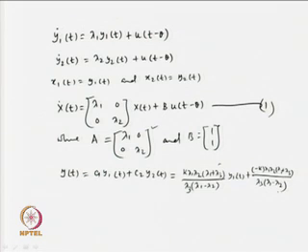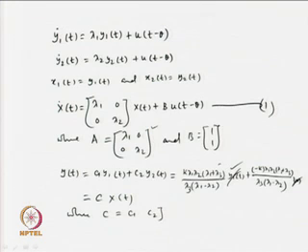So, ultimately putting the state variables x 1 t and x 2 t over here, we get the output expressed in the standard form of y t equal to C x t, where our C vector will have two elements, C 1 and C 2.